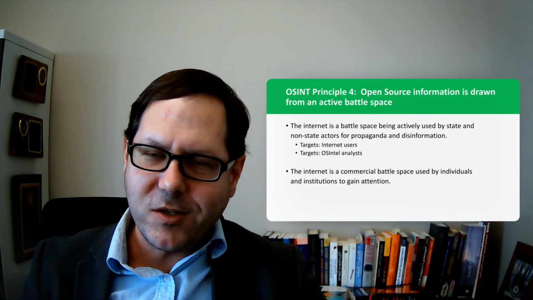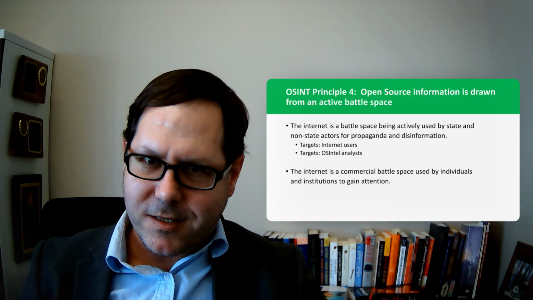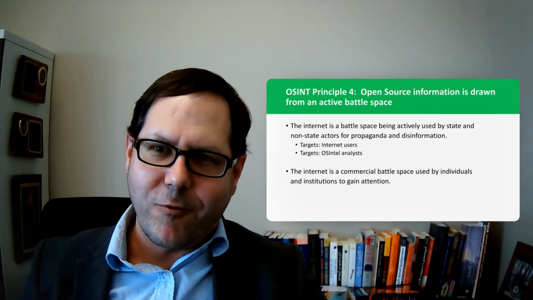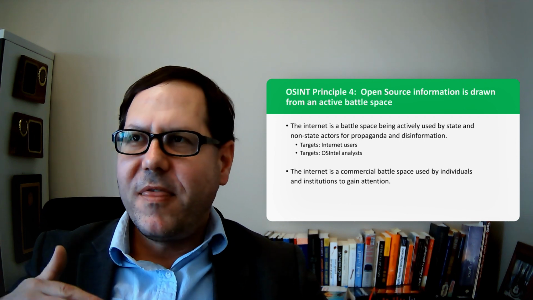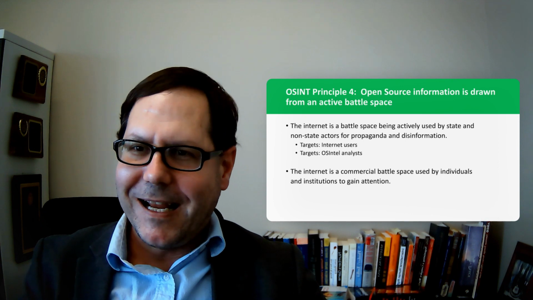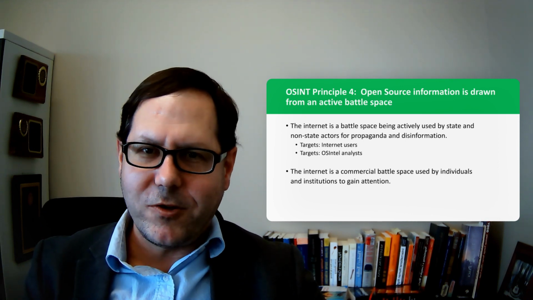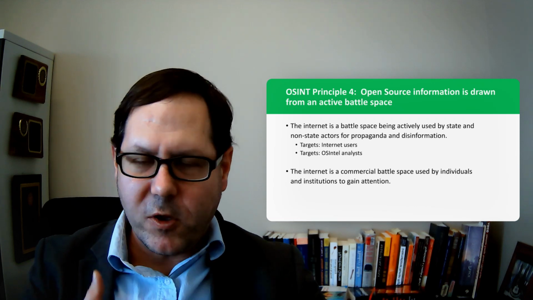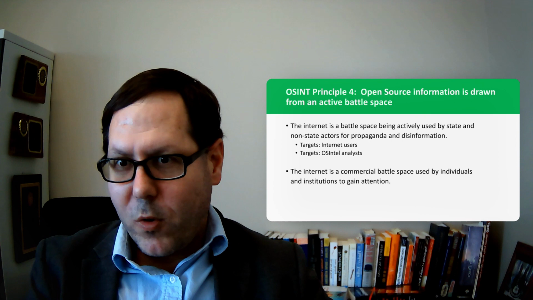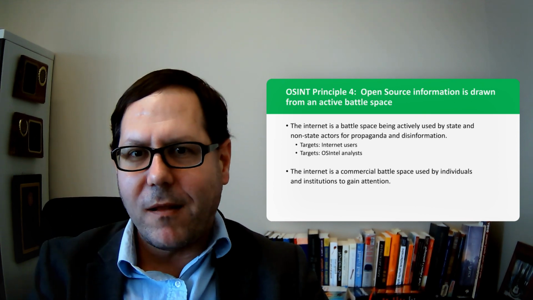Once we start pulling information from the internet as open source intelligence analysts and trying to work with that information in a reliable way, that becomes a channel in which hostile actors can engage in disinformation, can try to mislead or confuse or disguise or deny the truth from analysts.